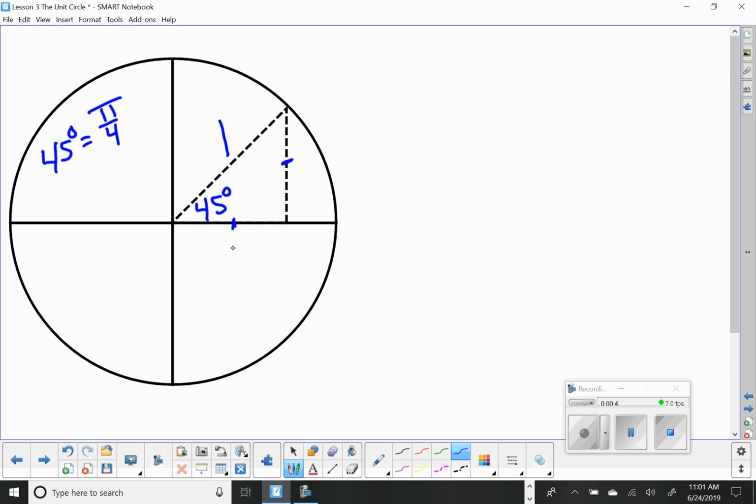That said, if I let this side be x, this side I know is y. Because this is an isosceles triangle, x is equal to y.